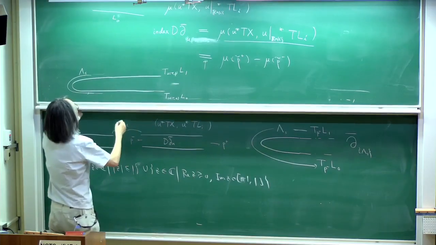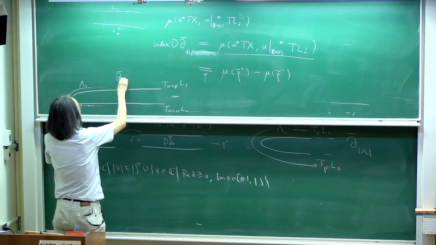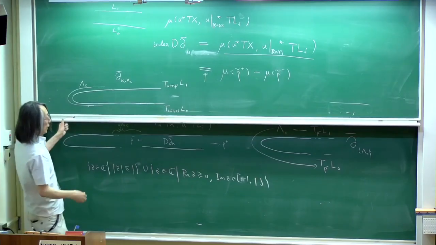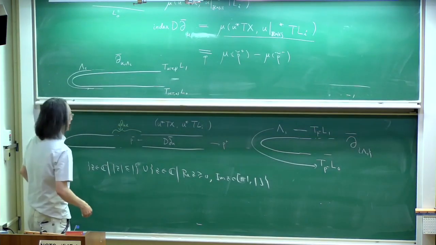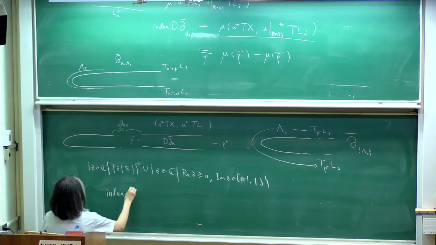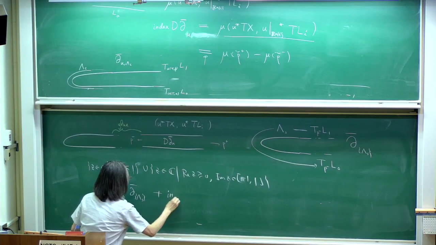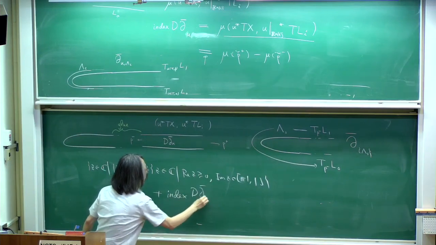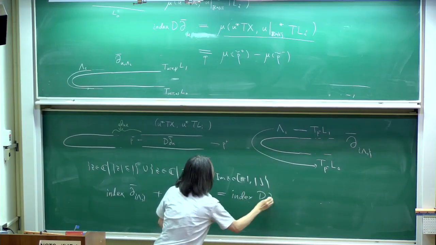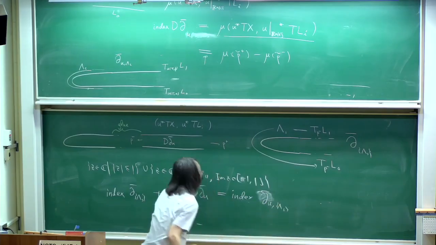So then I may write this operator like d bar of this u and this lambda s. So I have three operators, and then the point is the following. The index of d bar of lambda s, this family, plus the index of this d bar u is equal to the index of d bar of u and this lambda s, this operator.